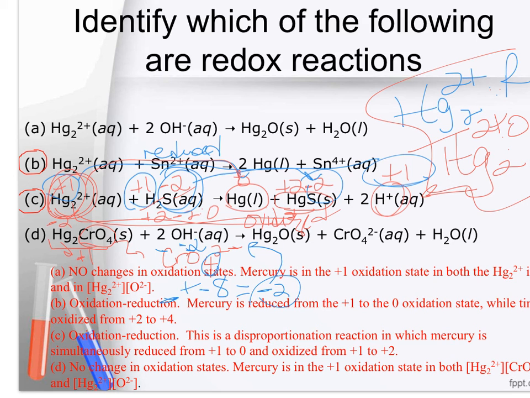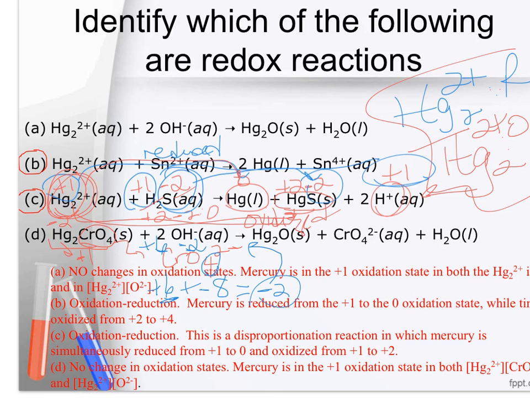So what oxidation number does chromium have to have? It has to have +6, okay? +6 minus 8 is -2. So the oxidation number of chromium is +6.